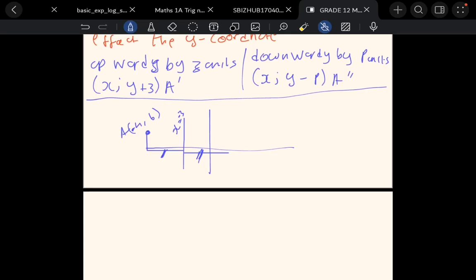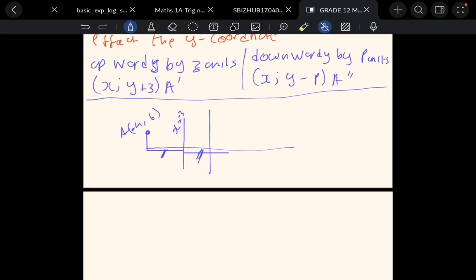And if you are reflecting about a certain line, calculate the distance about that line and transpose it to the other side, and it will be reflected. If you are going to reflect it about the y-axis, use the y-axis as a reference and then transform. If you are reflecting about the x-axis, use the x-axis as the reference and transform.